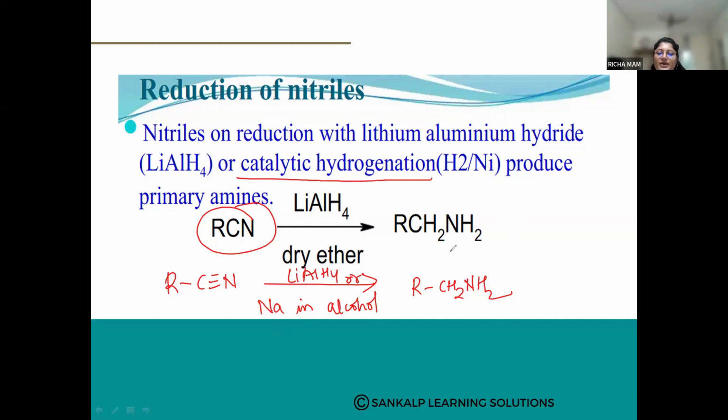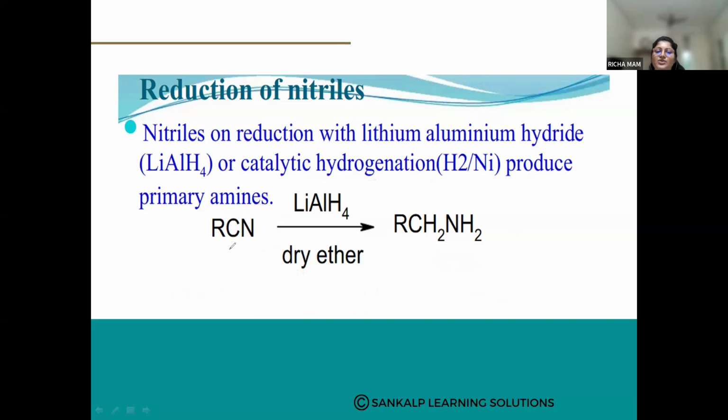So you will get primary amine. From nitriles or cyanides, you can easily do reduction by using lithium aluminum hydride or sodium in alcohol, or catalytic hydrogenation, that is by passing hydrogen over nickel, and it produces primary amine.